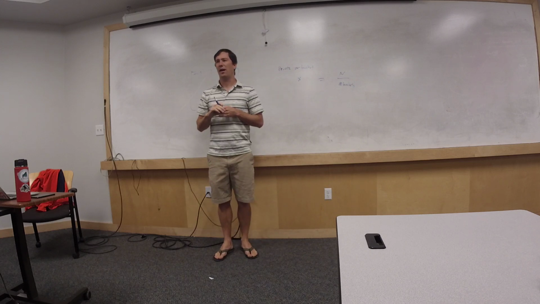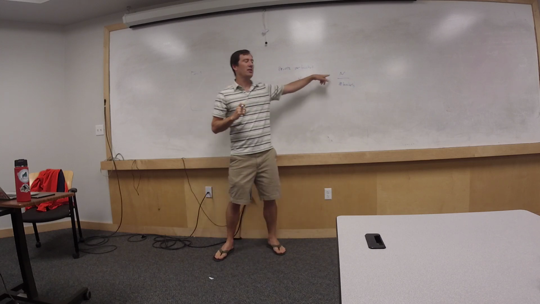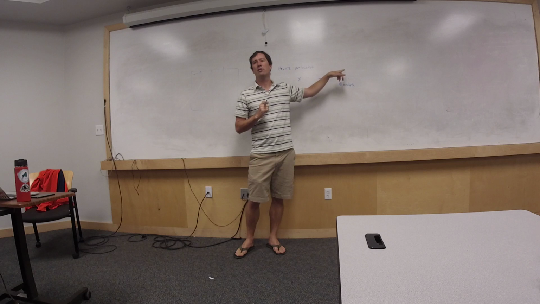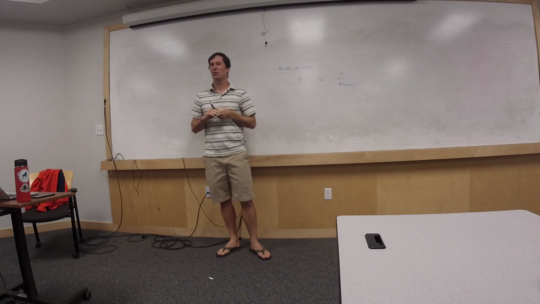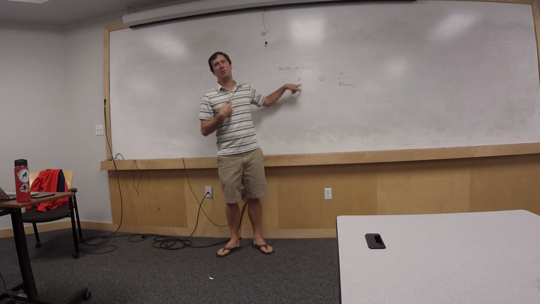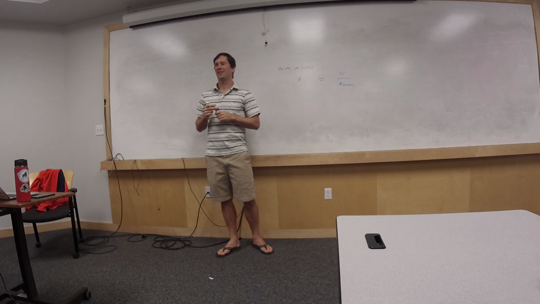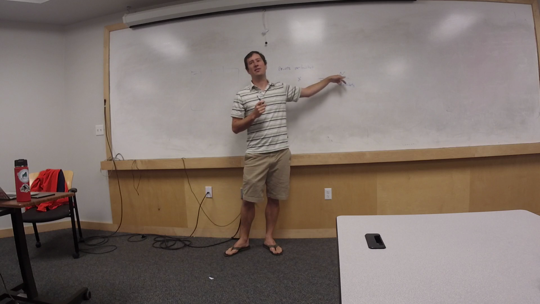Which means that if I want this to not depend on n, is there a way to make that work? I want this x to not depend on n. What can I do to cancel out this n that I have up here?